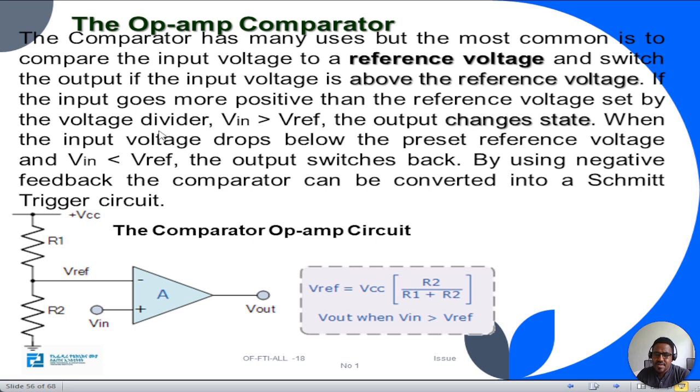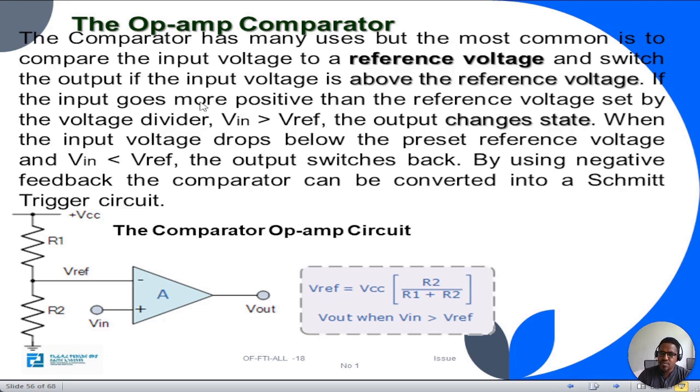Again, the comparator is also an application of the differential amplifier. The comparator has many uses, but the most common is to compare the input voltage to a reference voltage and switch the output if the input voltage is above the reference voltage.